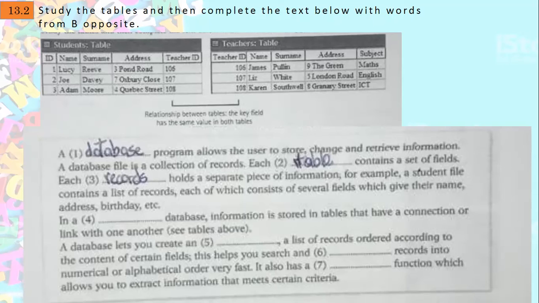For example, a student file contains a list of records, each of which consists of several fields which give their name, address, birthday, etc.